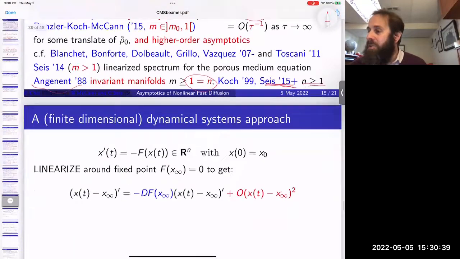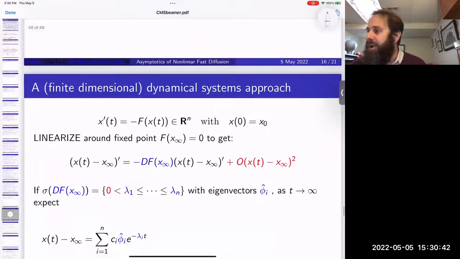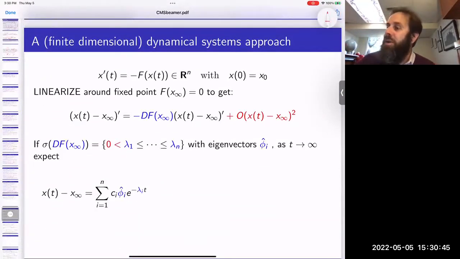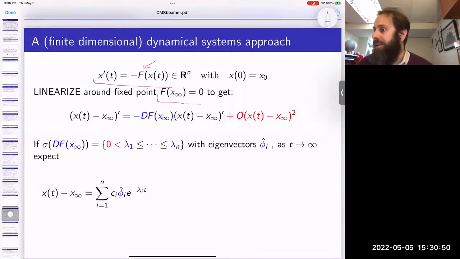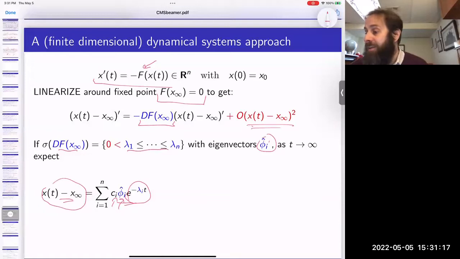But there's a caricature from that which is useful to recall here. If I was studying a finite dimensional dynamics given by some vector field f, and I want to linearize it around some fixed point, what I would expect is that the derivative of f predicts the leading order behavior, and then there will be quadratic corrections, at least if the fixed point is attractive. So if the spectrum of f is all non-negative, and I have some eigenvectors associated to these eigenvalues, I would expect to leading order the distance to the fixed point to be going down like these exponentially decaying factors times the eigenfunctions times the constants that tell you what initial data you started with.